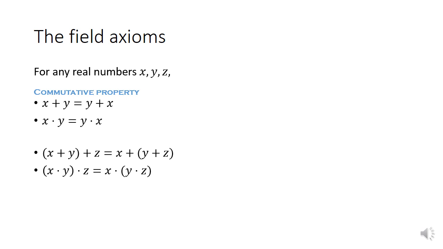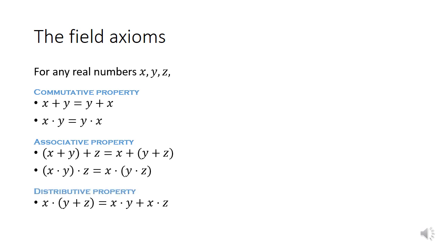These rules are known as the associative property of addition and multiplication. x times (y plus z) equals x times y plus x times z. This is called the distributive property.